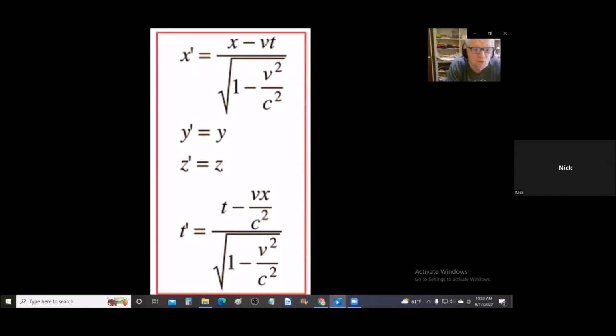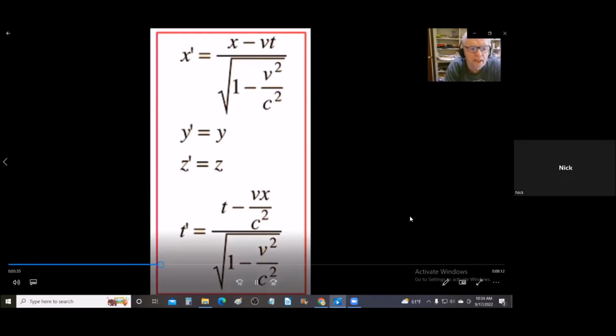And the 1 over the square root term is simply the Lorentz factor, and in this case represents length contraction for both special relativity and Lorentz's theory. They have different physical meanings, though.